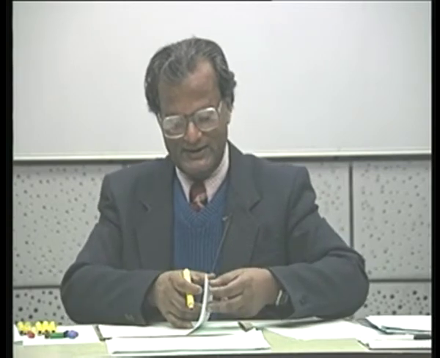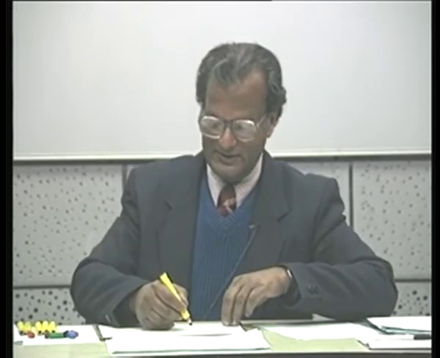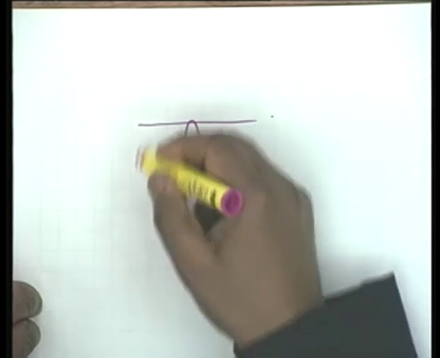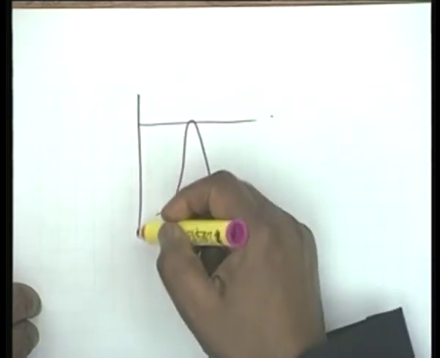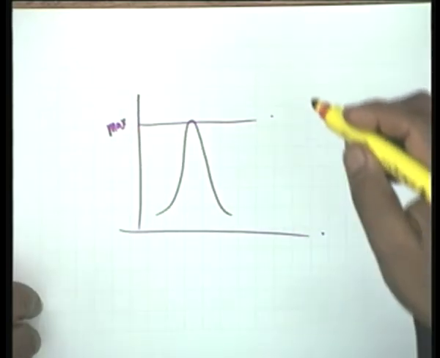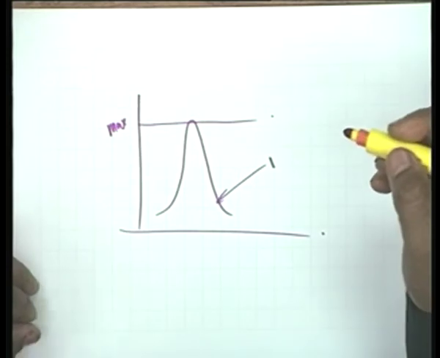On the other hand, you can also get a circuit in which each tuned circuit is tuned to the same frequency, let us say identical tuned circuits. Suppose this is the response of one tuned circuit.